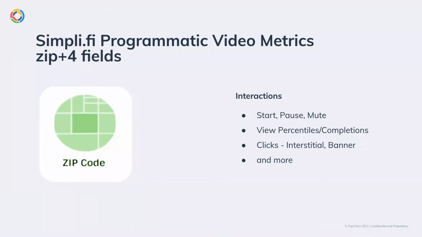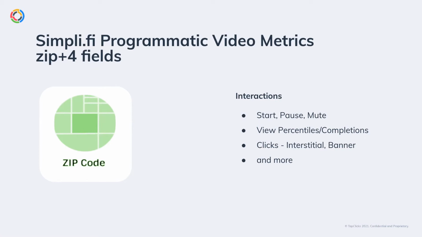Now, this is popping up in the data view for zip plus 4, those zip codes plus the 4. What this means, Brian, is that we can slice and dice by both location and views. If I want to see how many people started watching my video in a zip code in LA in a very certain neighborhood, that is easily done.